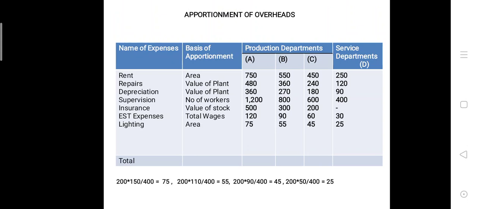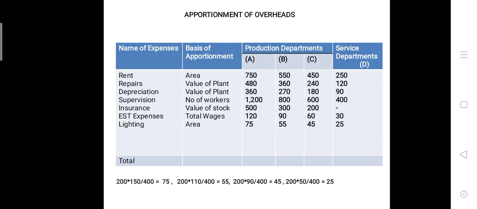Now the next one is lighting, and the basis of apportionment here we are taking is area occupied. The area occupied is 150, 110, 90 and 50. So we can find out by 200 multiplied by 150 upon 400, you will get the amount 75.